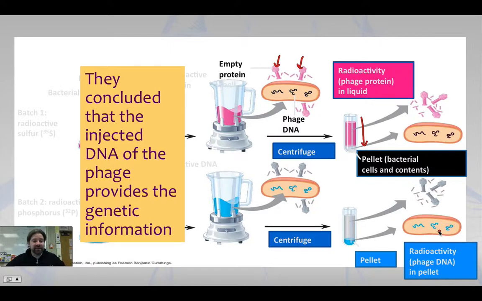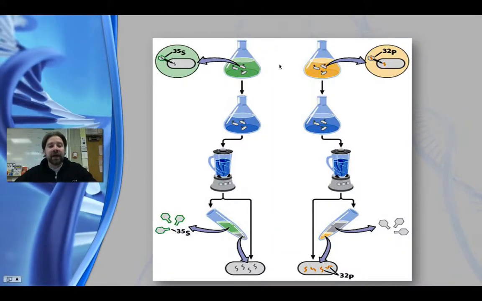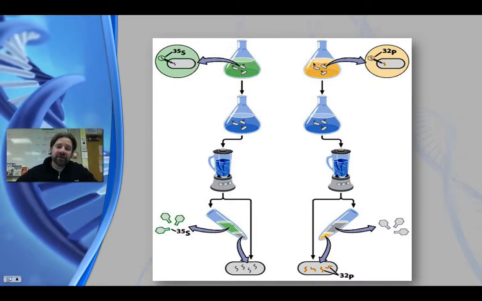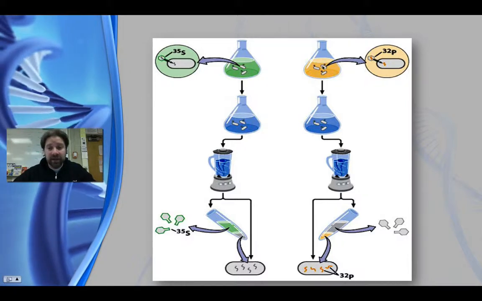So in this case, the contents of what was inside those cells wind up in the pellet, and that is going to be our hot DNA, which is going to prove without a doubt that it's DNA and not protein that is passed on to the next generation. Here's another view of that sample. Again, we have sulfur growing the viruses in this case, and in this case we have the hot phosphorus, the phosphorus 32 isotope.